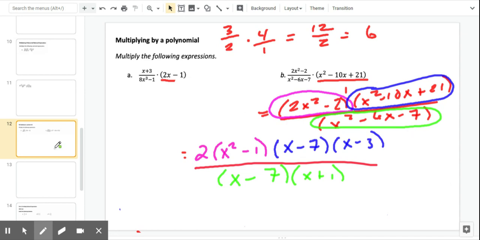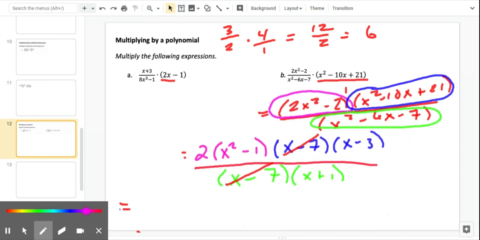All right, so let's take a look at what we can cross out here. So we've got a 2, not much to do with that. X squared minus 1, not much to do with that yet. X minus 7, we'll look at that. We can cross it out because we have an x minus 7 in the top and the bottom. X minus 3, don't see that anywhere. All right, so now we've got something neat.